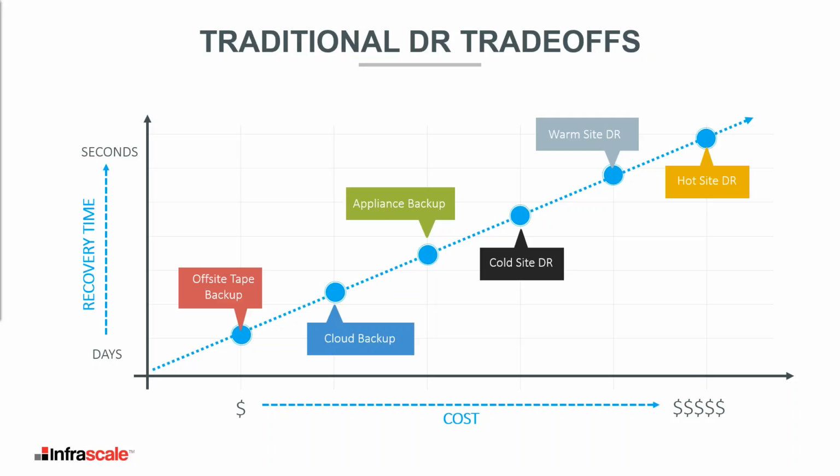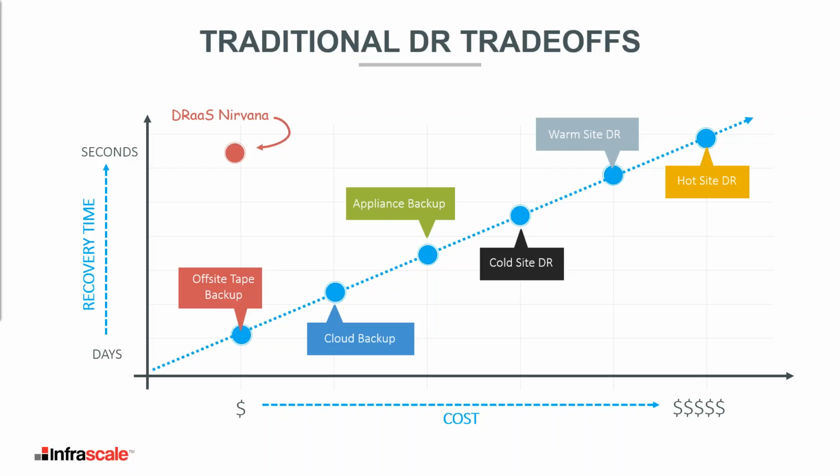So what we really want is, like you see in the top left corner, DRaaS Nirvana, as we're calling it here, where you not only have backup, but you have failover on an appliance or in the cloud, and you can recover to a secondary site in less than 15 minutes.